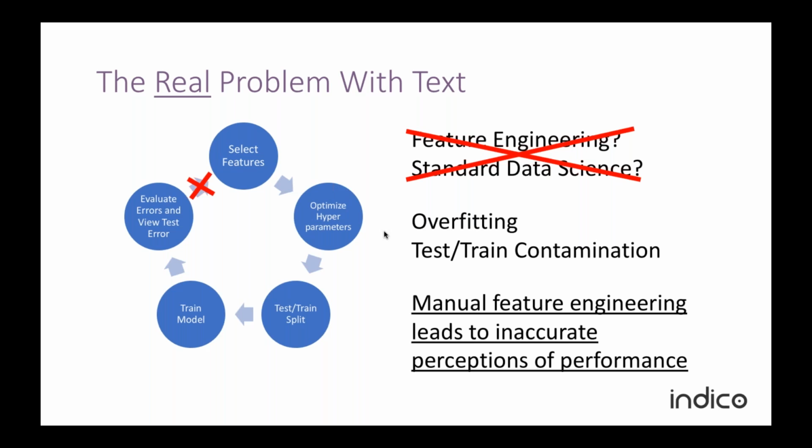So that, I think, is the primary risk when it comes to using conventional NLP techniques. Because they're so manual, because they are so brittle, there's not a good way of developing a conventional NLP technique without adopting this flow. And the problem is, when you adopt this flow, your results are not valid, are not accurate.